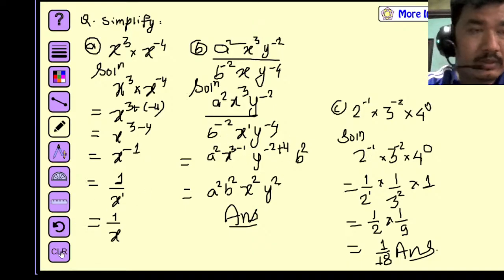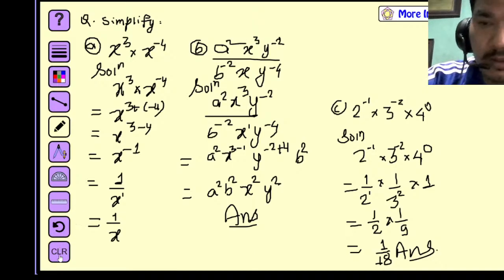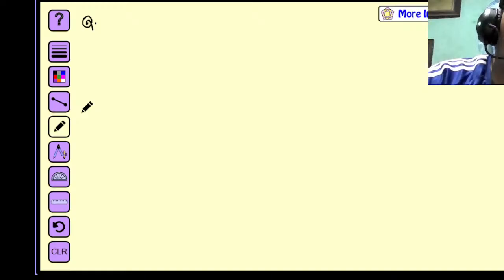I want to clear this one, and I want to show you here solving a different type of question. Right? Here is the question. How to solve this type of question? See, it's also asking to write in exponential form.